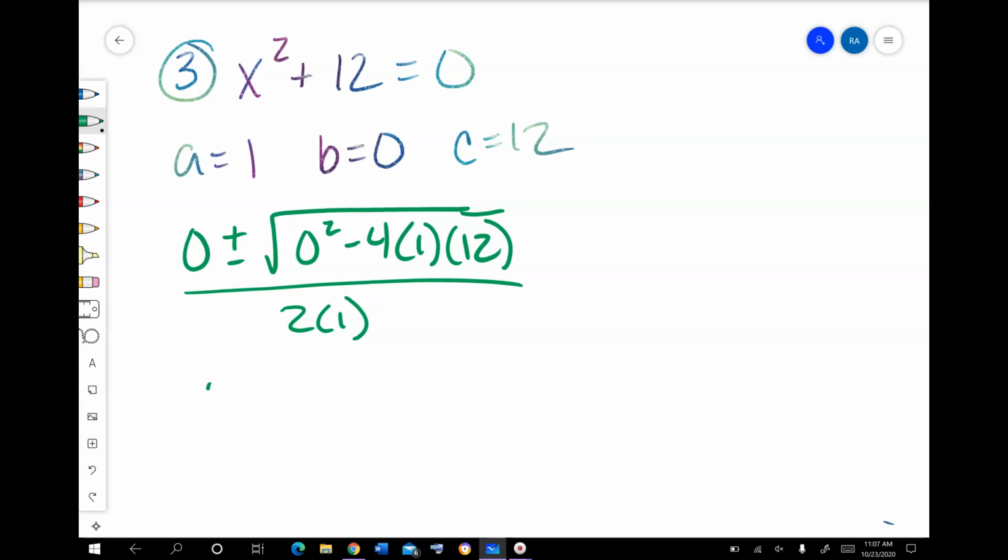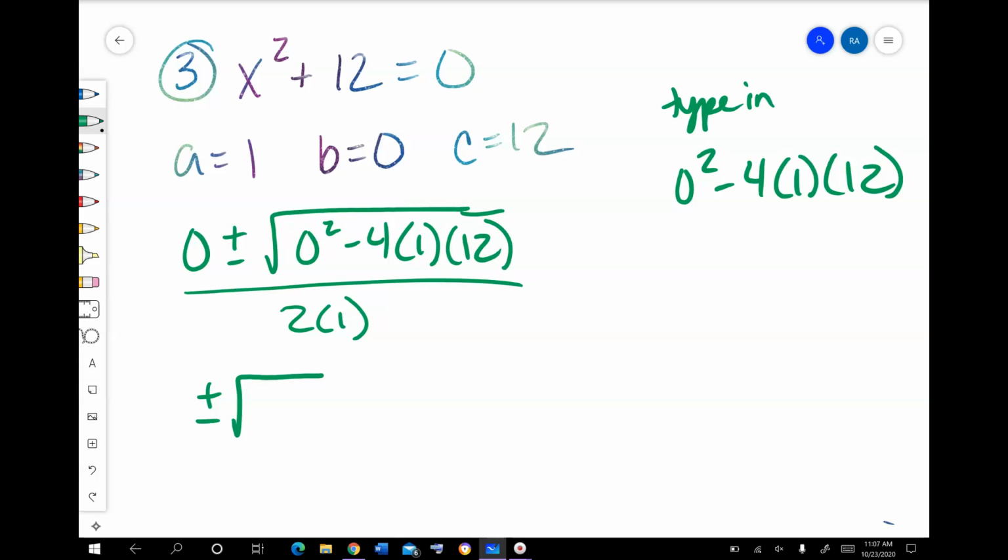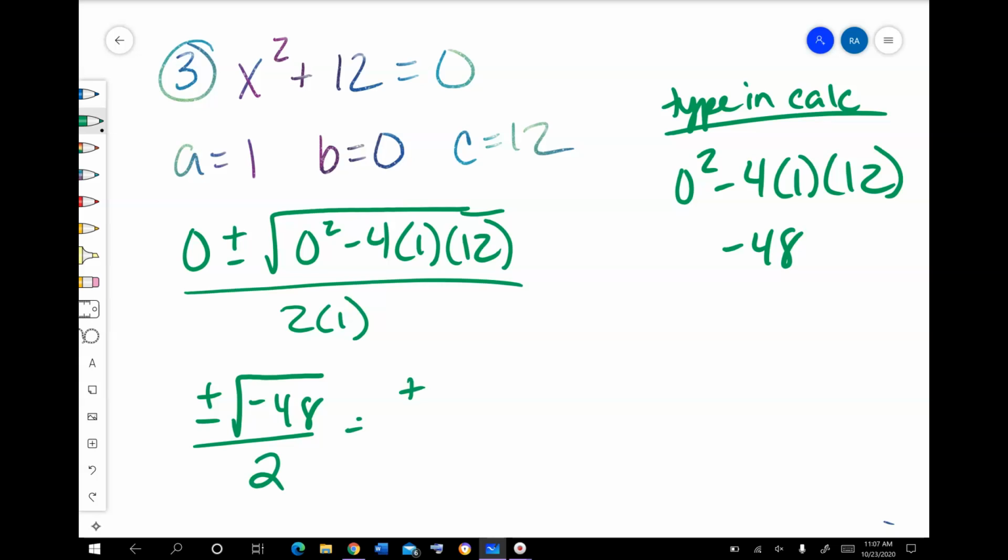So we're just going to say plus or minus the square root, come to the side. Okay? You can type all of this in calculator or Desmos, whatever you want to use. So 0 squared minus 4 times 1 times 12 gives me negative 48. So negative 48 goes underneath here all over 2. Since it's negative, we've got to pull that i out.